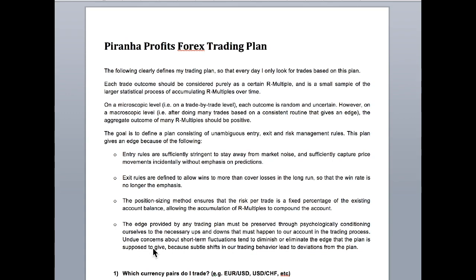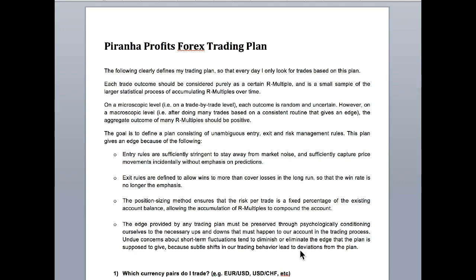Undue concerns about short-term fluctuations in your capital, your net liquidation, tend to diminish or eliminate the edge that the plan is supposed to give, because subtle shifts in your trading behavior, where you intervene, you shift your stop loss, you enter without following the rules, all this leads to deviations from the plan and wipes out your statistical edge over time. Okay, so you have to read this every single day to remind yourself to follow the plan objectively.